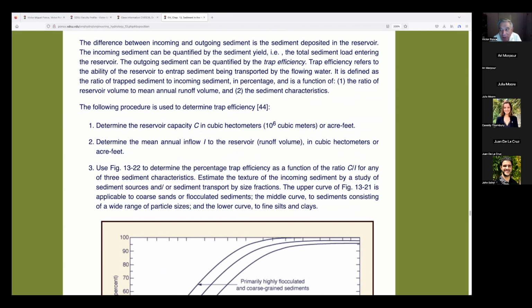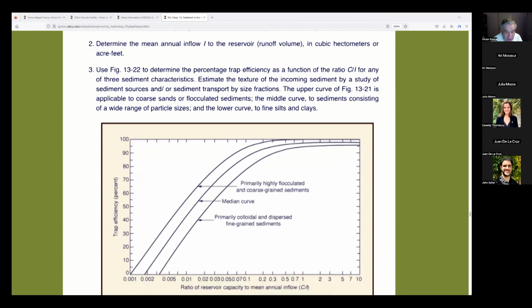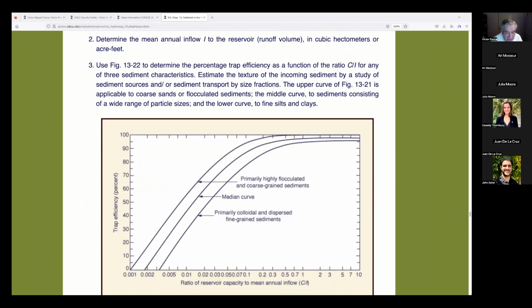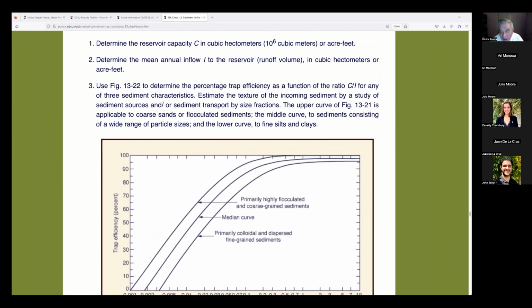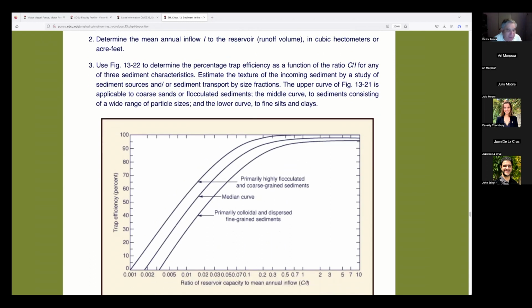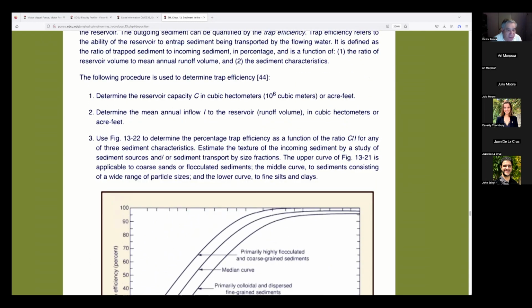In other words, the quantity every year. So the more the annual runoff volume, the more it'll trap. Am I saying that correctly? Yeah, when the runoff volume is high, the number will be low. So no, the less it will trap. I'm sorry, I'm maybe confusing here. The less it will trap. The trap efficiency will decrease.